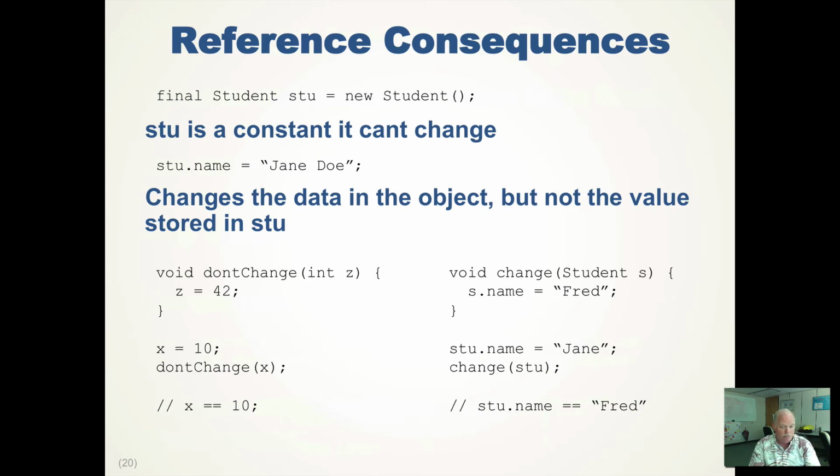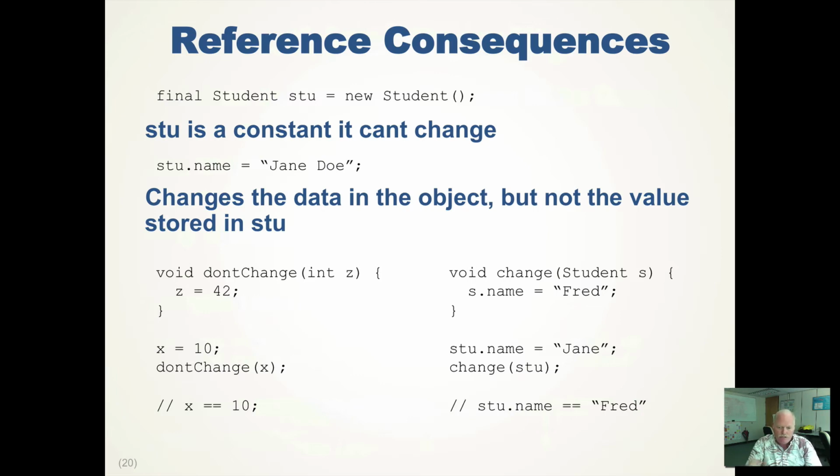We then change z to be 42, but x's value didn't change. Whereas on the right hand side, we have a method called change, where we take in the parameter s, which is a student, and then we assign s's name to be Fred. So we create stu and we set the name to be Jane. We call change on stu. Well, we didn't change s or stu, that didn't change.